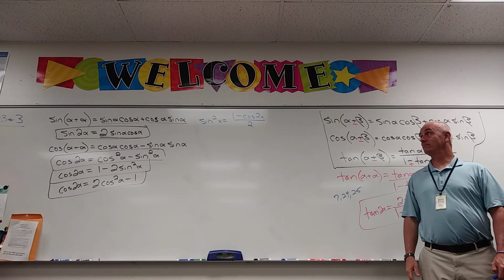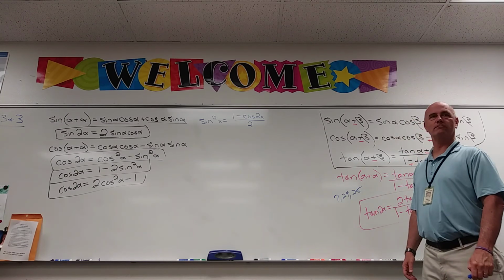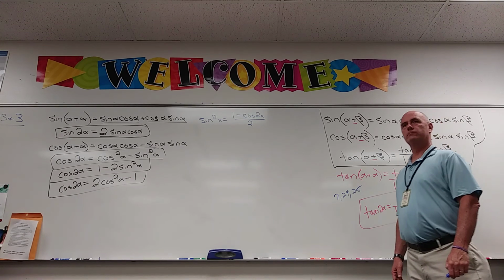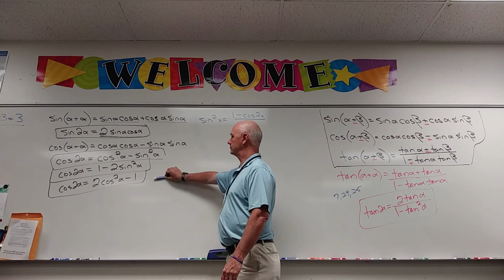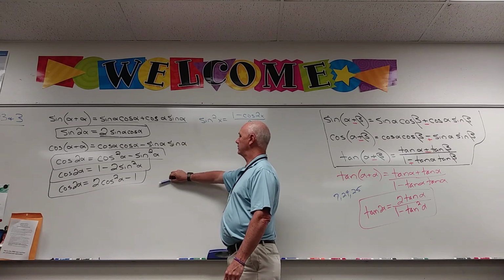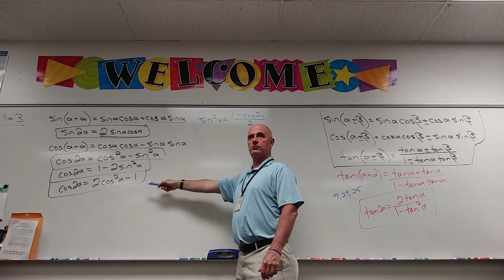Could you change the cosine 2x into an identity? Yeah, that is exactly what I would do. You do the second one, right? Why would you do the second one? Because that involves sine squared of x and no more cosines. Okay, so Matt's saying to pick which version of the cosine of 2x to use.